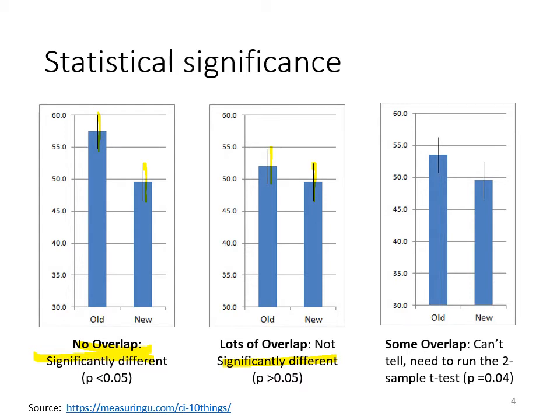And then in this third graph on the right, there is some overlap, so it's really hard to tell. Well, this is when our statistical tests become very useful, and then we can determine statistically if there is a significant difference in the averages of these two data sets.